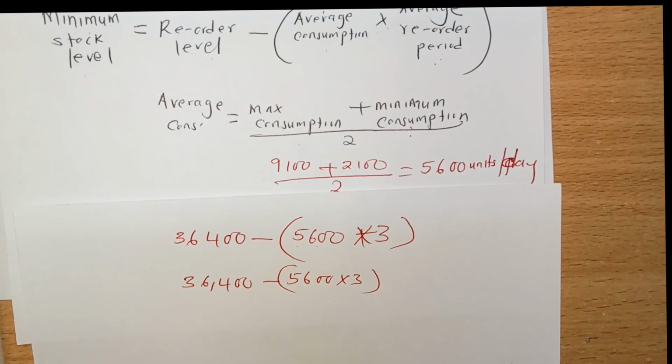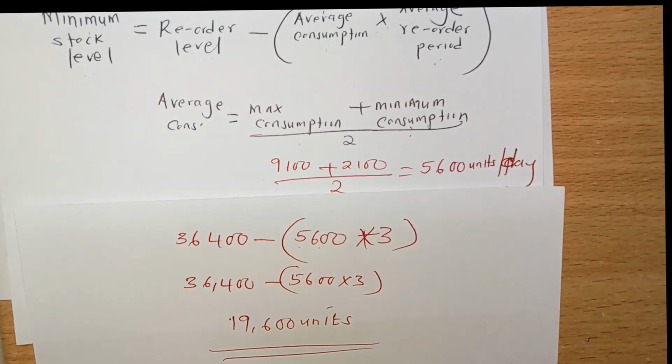My calculator is giving me 19,600 units. So that's how you find the minimum stock level.